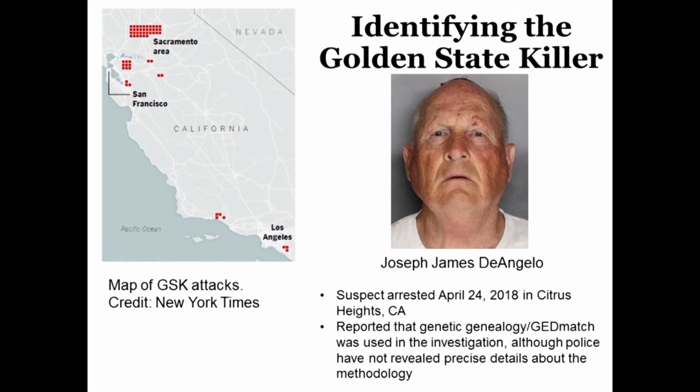And the news reports have confirmed that genetic genealogy, and specifically the GEDmatch platform, was used in the identification of DeAngelo. We don't know the exact protocol that was used by the investigators, but the purpose of this session is to provide an example of the workflow of how someone would go about doing that.